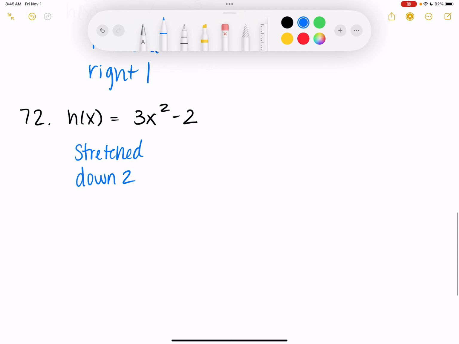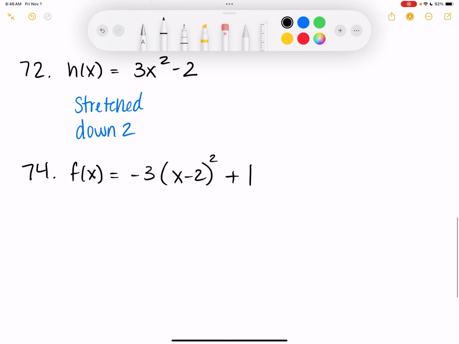Let's see, 74. We got a little bit more going on in this one. F of x equals negative 3 times x minus 2 squared plus 1. We've got several things happening with this one. So it doesn't matter what order you tell me stuff. What's happening here? It's reflected because of the negative out front.